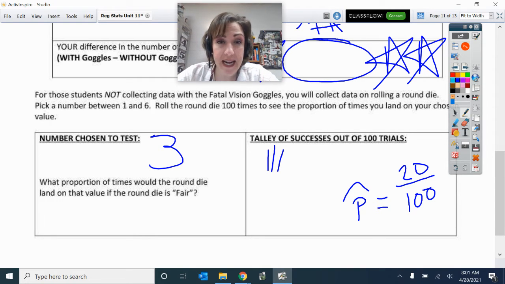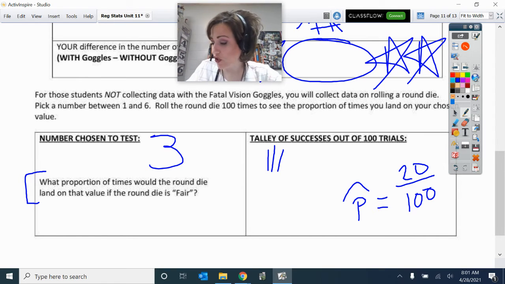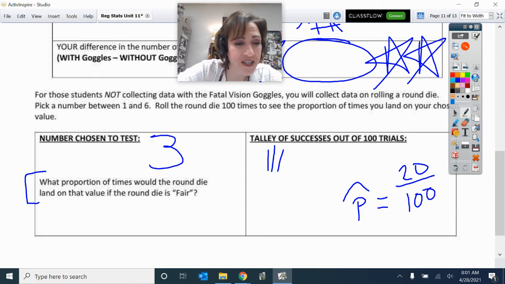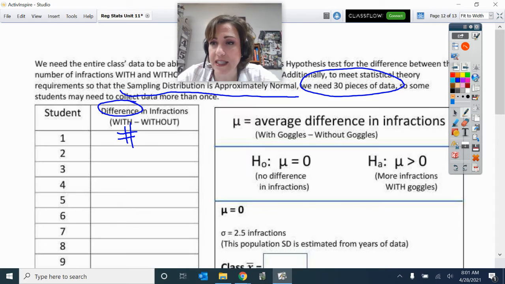Now, what proportion of times should the round die land on 3 if it is fair? In other words, what would your null hypothesis be if this is a fair die? What proportion of times should I expect it to land on 3? You're going to put that here. And you could then go and run a statistical test.